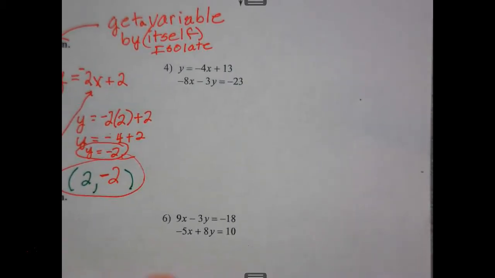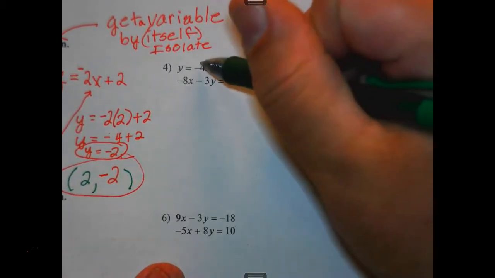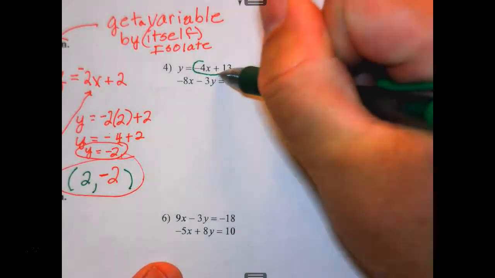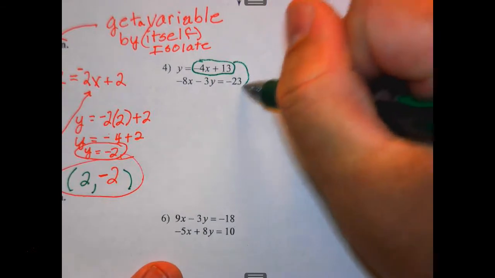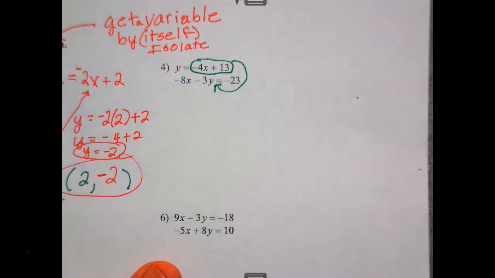Do we have a variable by itself? Yes, we do. We have y by itself, so I'm going to take what y is equal to and substitute it into the other equation where the y is.